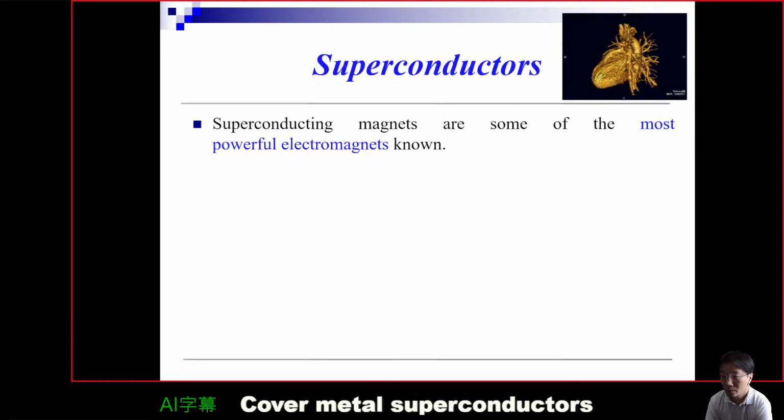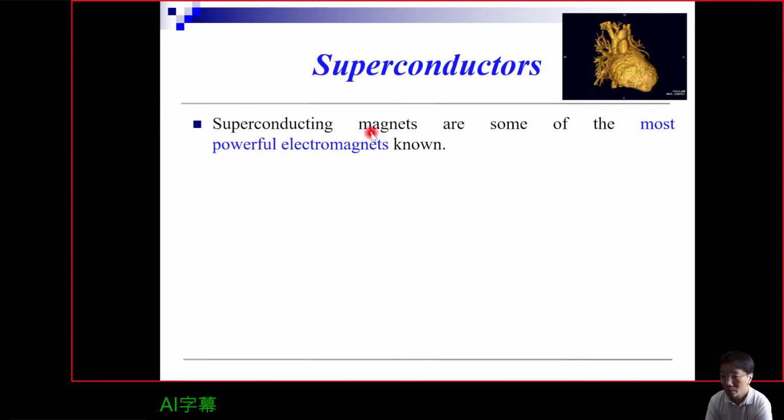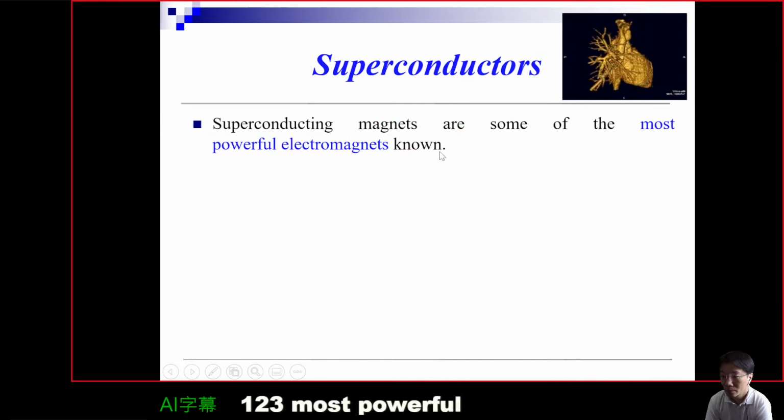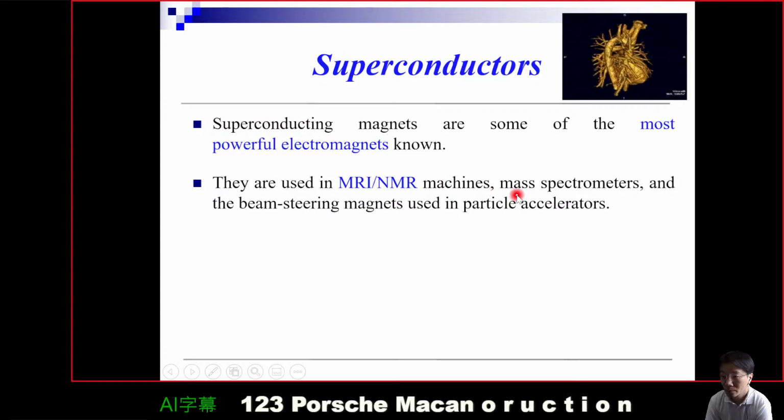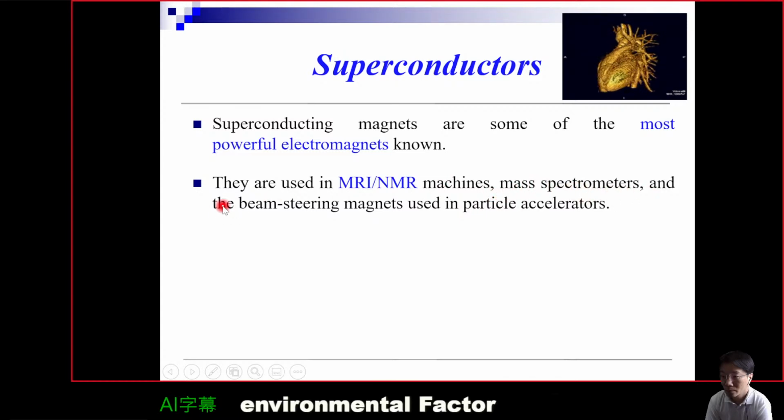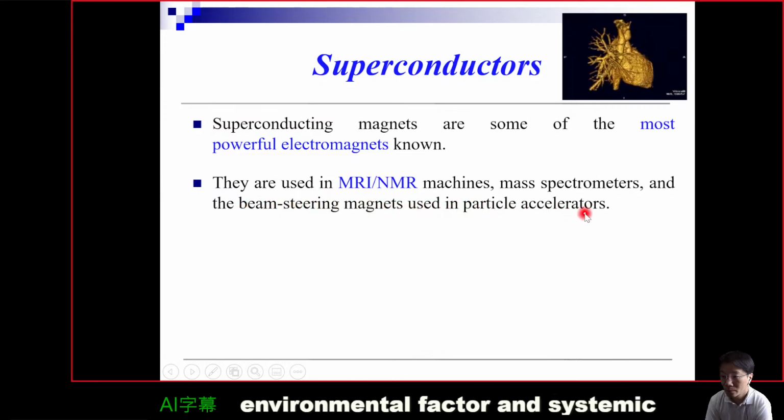So what can superconductors do in practical usage? Superconducting magnets are some of the most powerful electric magnets we know. So we use them in the MRI or NMR machine, mass spectrometer, and beam steering magnets in the particle accelerator.